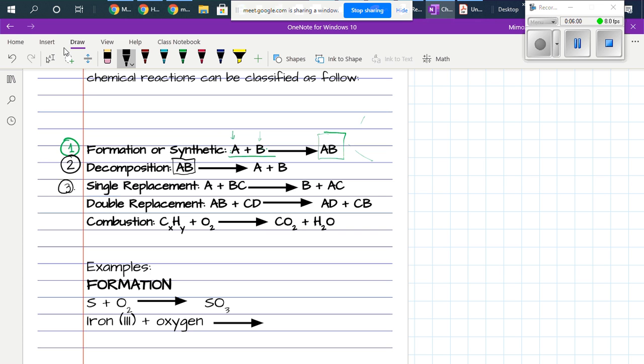What do I mean by this? Let's say that a metal is in contact with an ionic compound. This metal is taking the place of the metal in the ionic compound and creating a new ionic compound with the metal there. So the general form will be A plus BC, which is a compound, giving B on its own, the metal on its own, and a new compound AC.